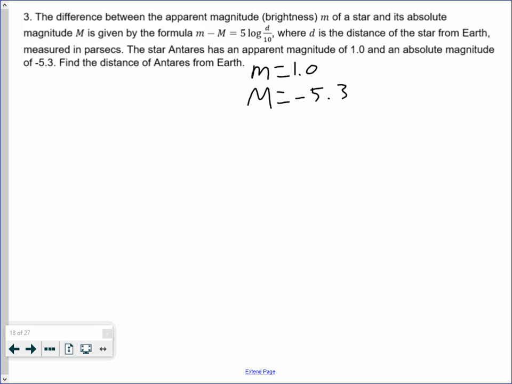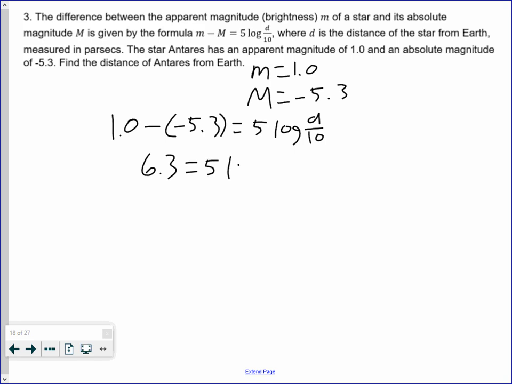So we're trying to find D, and we're given little m and big M. So we're going to plug in both these variables into the equation, and we're going to solve for D. So we have 1.0 minus negative 5.3 equals 5 log of D/10. So 1.0 minus negative 5.3 is a positive 6.3.